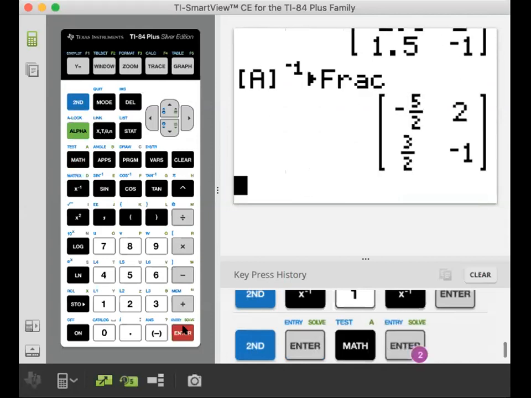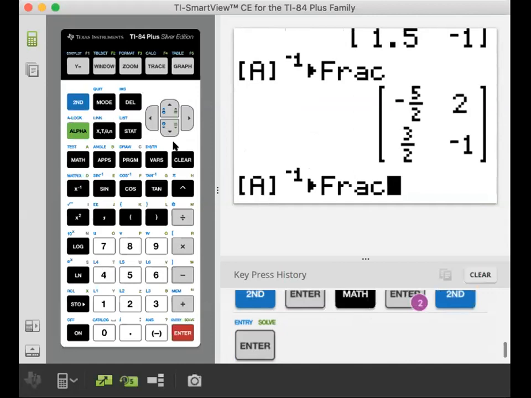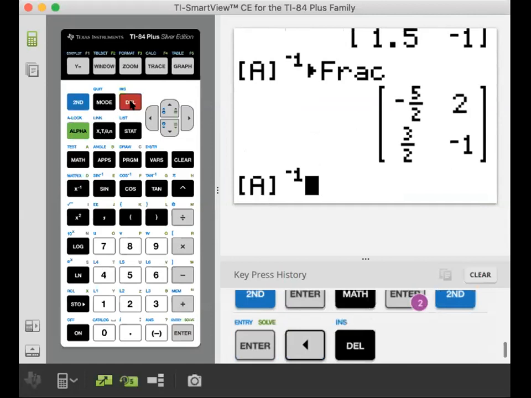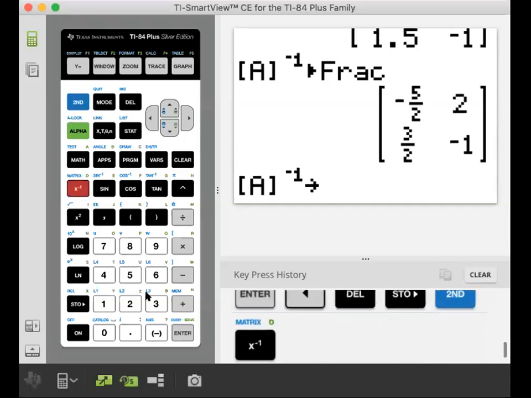And you can see that this is the multiplicative inverse. If I want, I could also store that instead of making it into a fraction. I can store it into second matrix B.